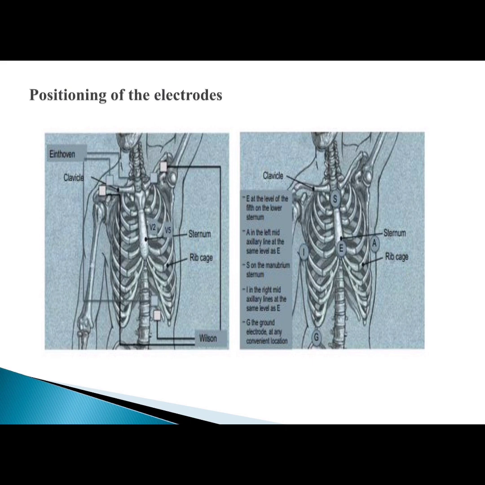You can see V2 and V5 at the left side of the picture, and on the right side of the picture you have the electrode positions. So what does E mean? It's at the level of the fifth on the lower sternum.